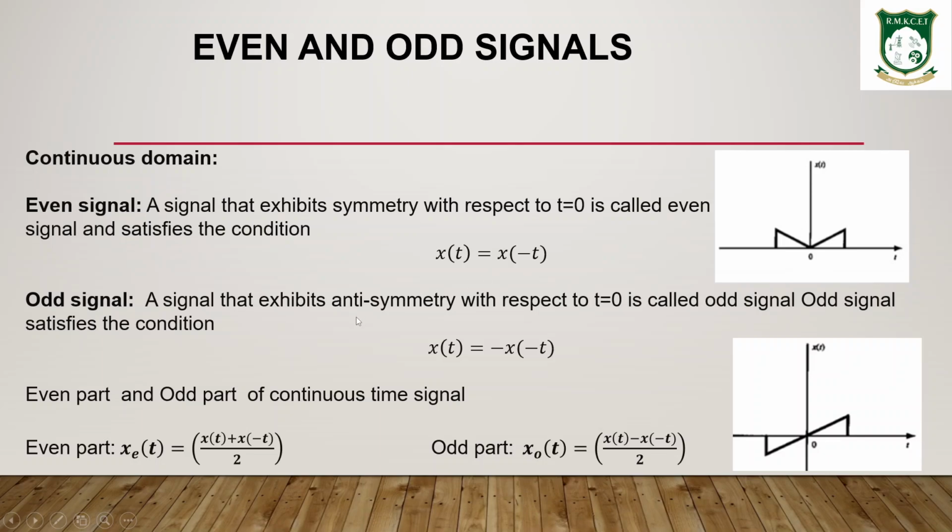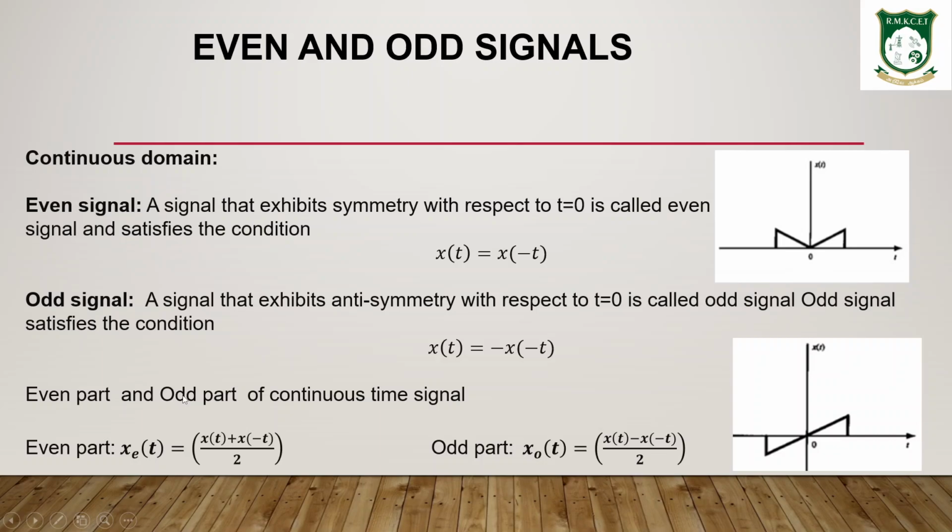Next, coming to the odd signal: if the signal satisfies the property x of t is equal to minus x of minus t, then that signal is said to be an odd signal. So an odd signal looks like this. It will be antisymmetric about the t equal to 0 axis.